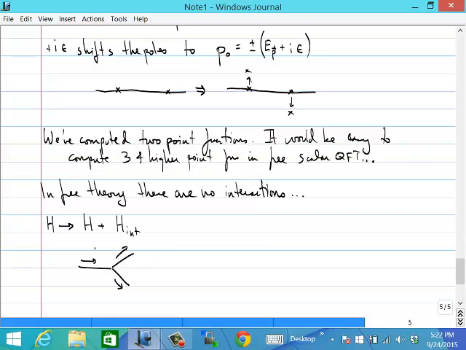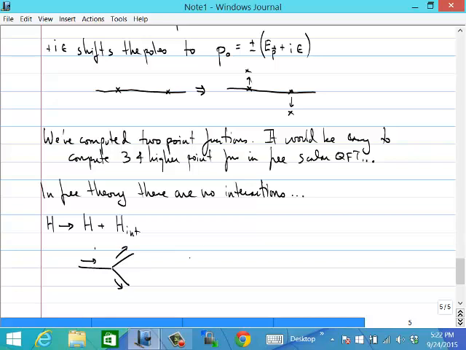Then we could ask ourselves, what kind of terms would we need to add to the Hamiltonian in order to allow for that process? We know how to describe a one-particle state, and we know how to describe a two-particle state. So what kind of term would you add to the Hamiltonian that allows you to remove a one particle and add two other particles?